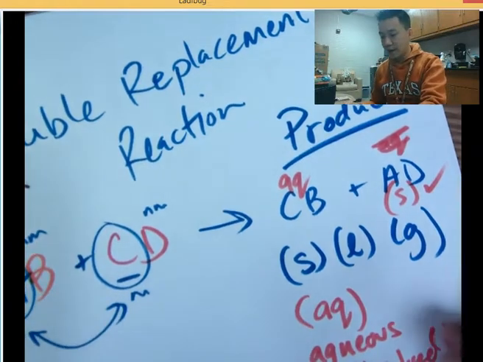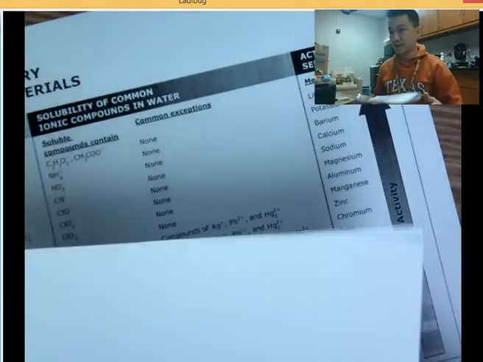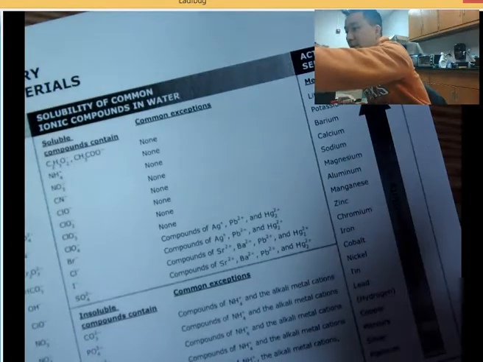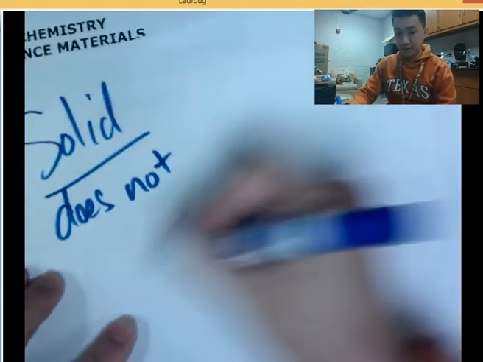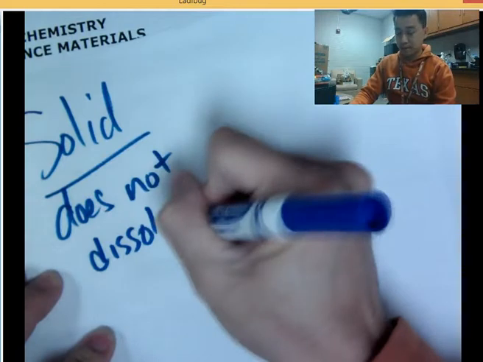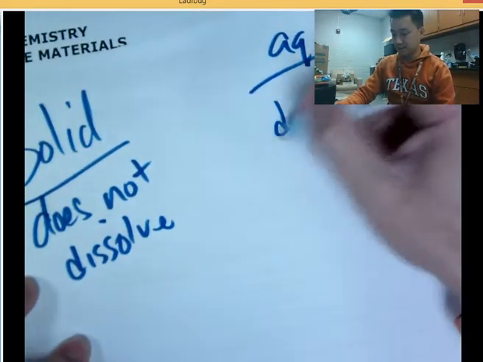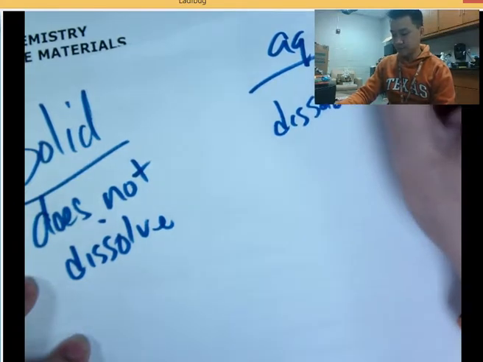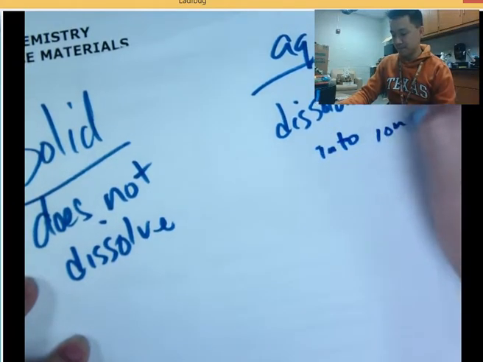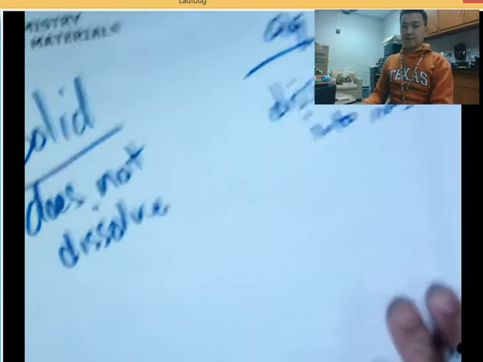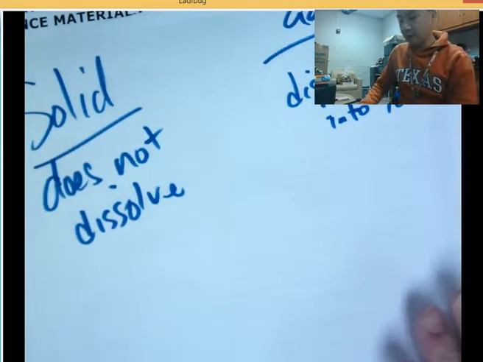So knowing that, you have to know if something is a solid or aqueous. Is it solid, meaning it does not dissolve, or is it aqueous, dissolved into ions? And how do we know that?